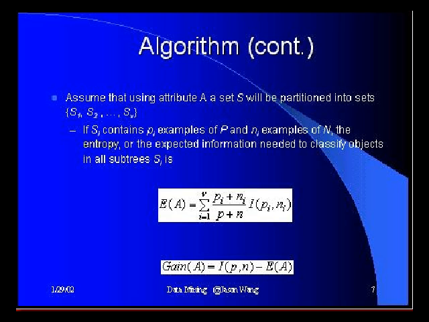You have income source, 1 income or 2 incomes, and so on. You have a bunch of attributes. Then you look at each attribute in turn.